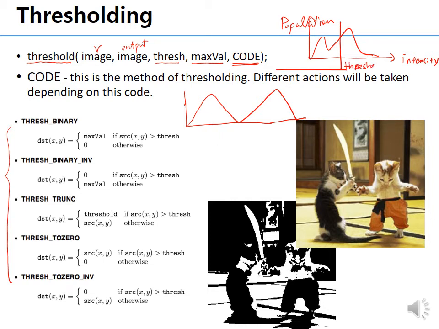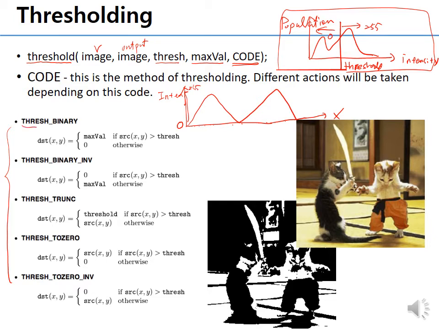This can be 255 white and this can be 0 black. So we can do the thresholding in the histogram like this. But here it is intensity, this is the x-axis or y-axis, so the pixel location is here, and intensity varies from 0 to 255.